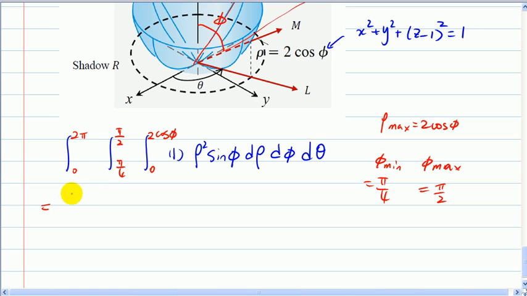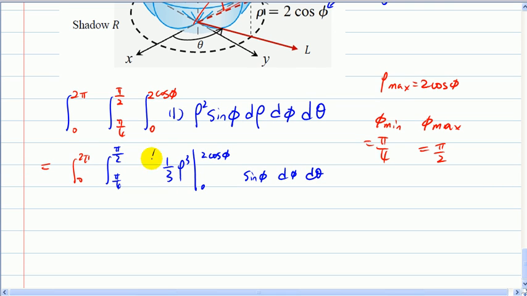Now let's carry this triple integral out. First you integrate with respect to rho. Consider sine phi as constant, and the integral of rho squared is 1/3 rho cubed, from 0 to 2 cosine phi, multiplied by sine phi, d phi d theta.